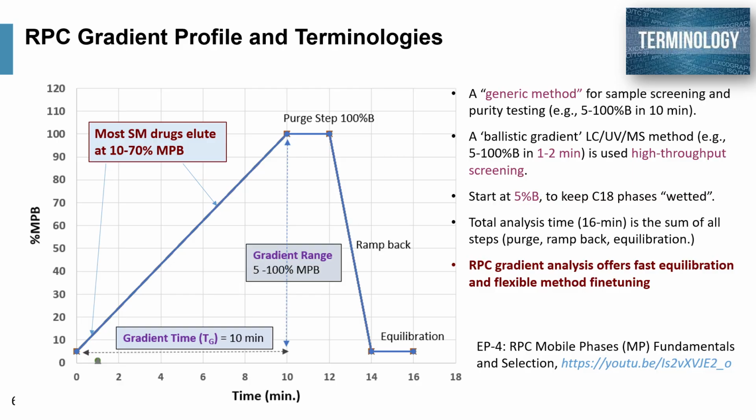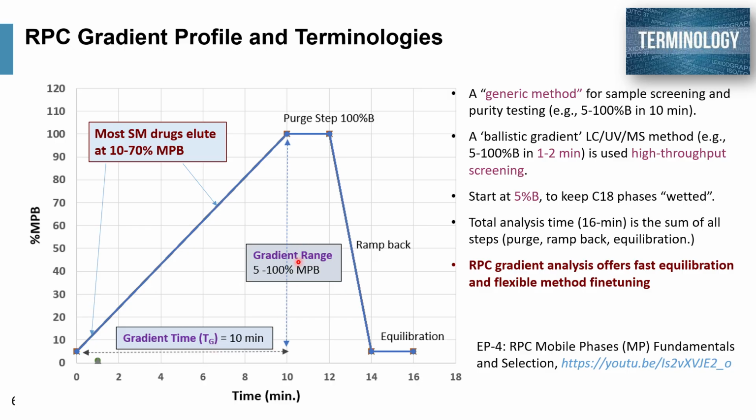In this slide, we demonstrate a reverse phase gradient profile and some terminology. Shown here is a gradient profile, which is a very generic full gradient from 5% to about 100%. The gradient is linear, completed in 10 minutes, and that's called gradient time, or T sub G, which is 10 minutes.